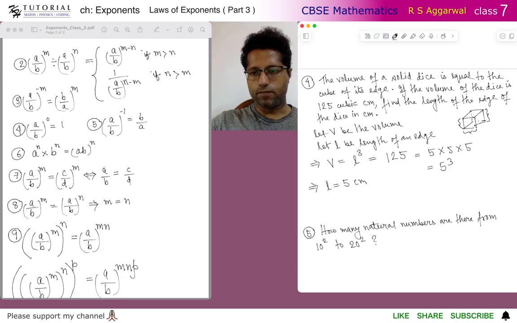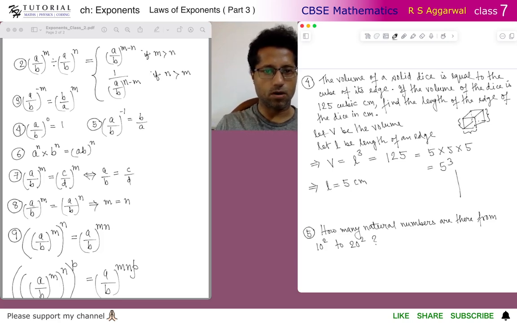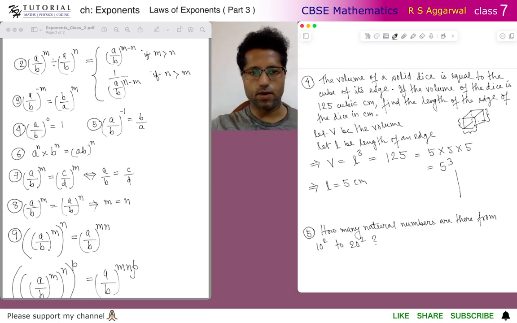Now the concept that we used is one law that I have in the notes, law number 7. In the notes it is given with rational numbers, but for any number, if you have a to the power m equals b to the power m, so we are equating two exponents where the exponent power is the same, this will imply that a equals b.